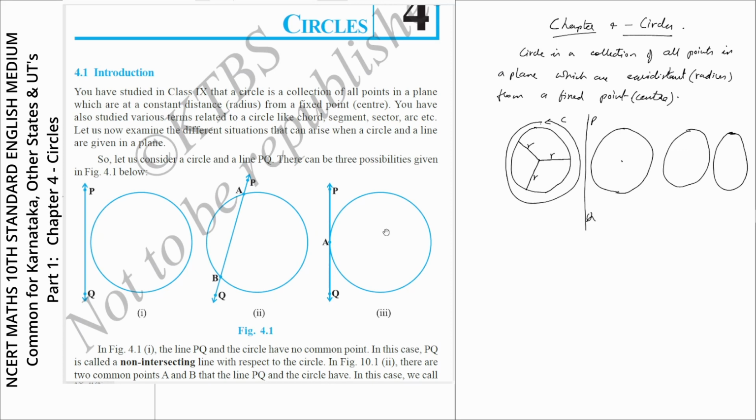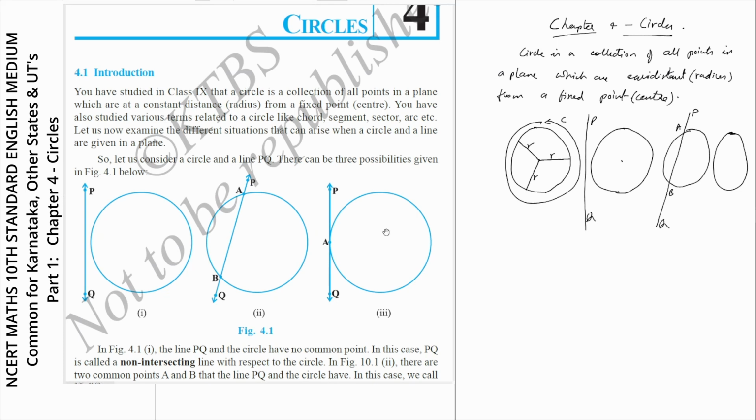In the first circle, PQ is not touching the circle. PQ is just a line. Now consider where PQ intersects the circle. Line PQ intersects the circle at points A and B. Now PQ has a different meaning.